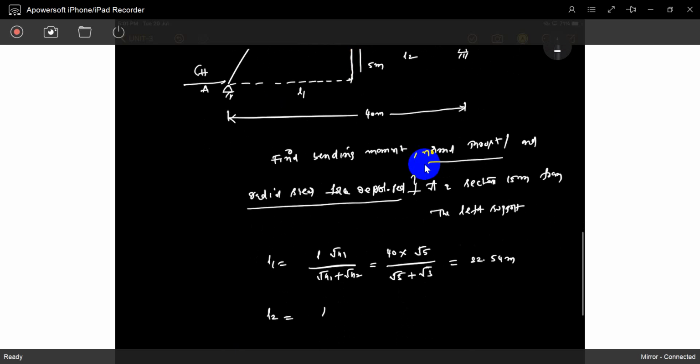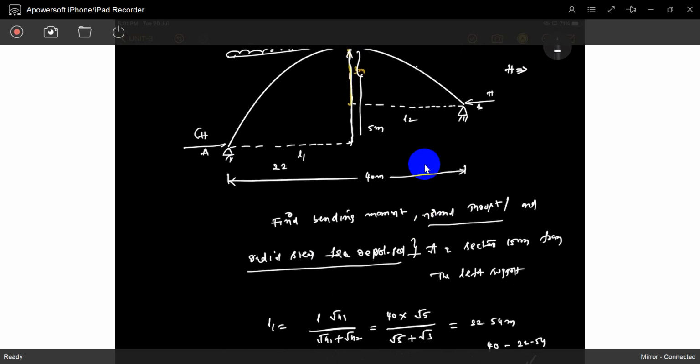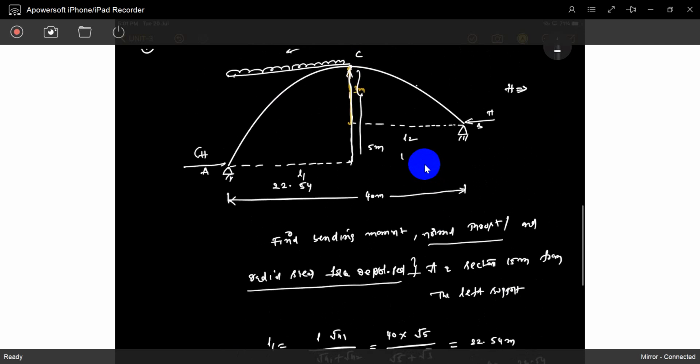L2 is L root H2 over root H1 plus root H2, which is 40 root 3 over the same sum, that is 17.46. No need to calculate L2 separately: 40 minus 22.54 gives 17.46. So L1 is 22.54 and L2 is 17.46.